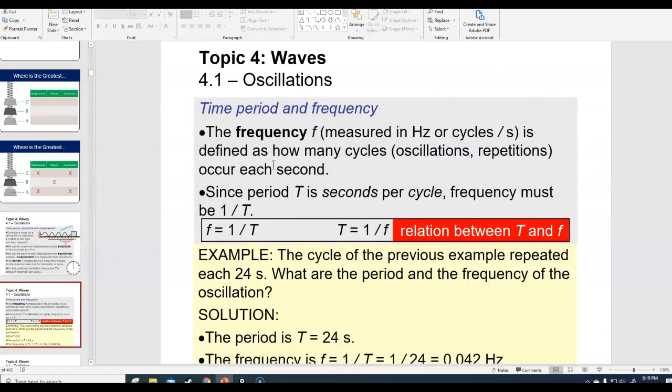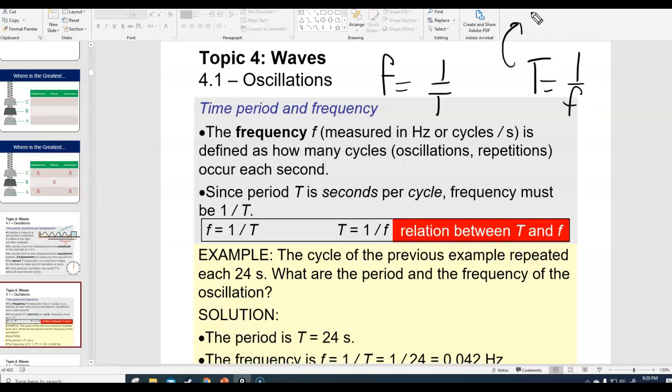We've also seen the word frequency before. Frequency is how many oscillations you have per second. So period is the time for one oscillation, and frequency is how many oscillations you have per second. Because it's basically the inverse definition of period, frequency is also 1 over the period, or you could say period is 1 over the frequency, same thing.